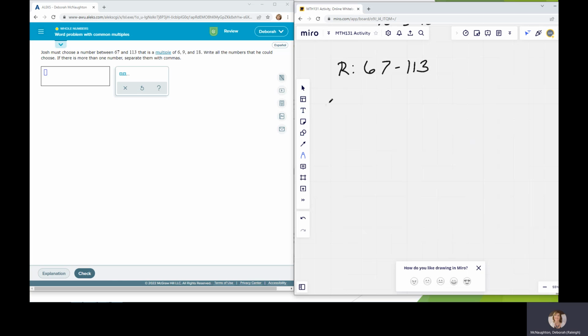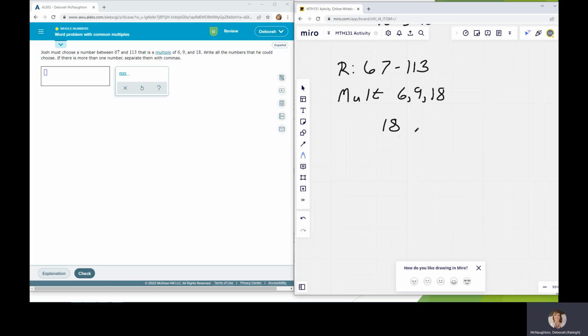And then we want multiples of 6, 9, and 18. Okay, so we need to find the least common multiple. So to do that, we always start with the biggest number, 18.